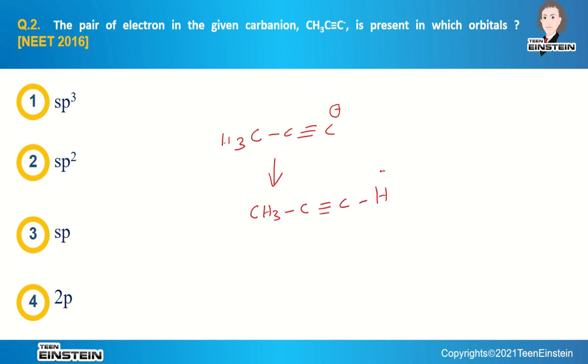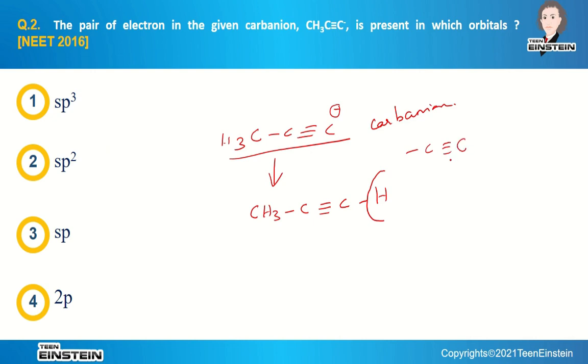When loss of the acidic proton takes place, this carbanion is formed. Here the pair of electrons in the carbanion is present at the C triple bond C carbon.